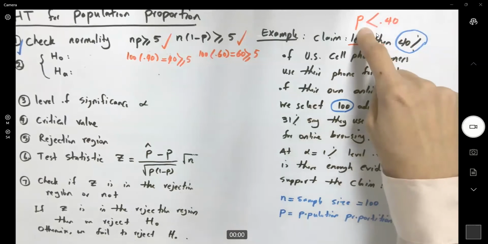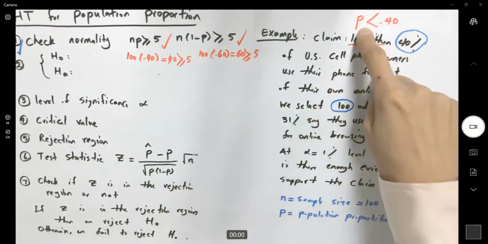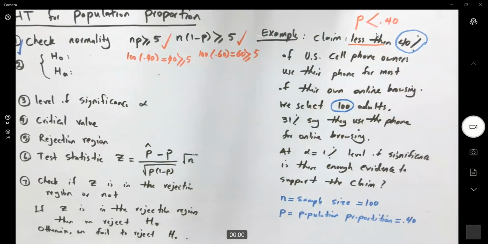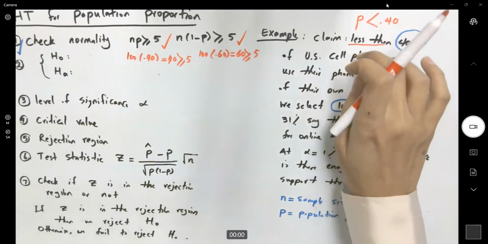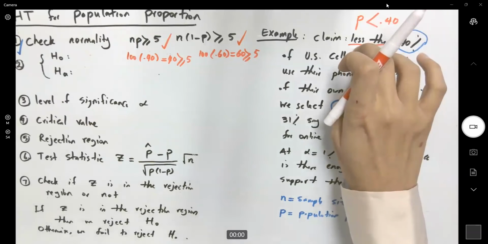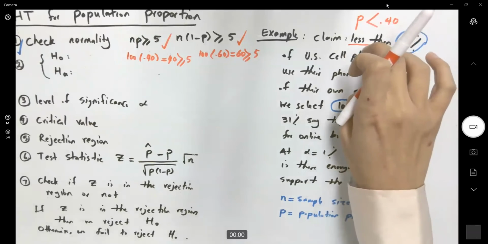Is this the null hypothesis or the alternative hypothesis? The question says P is less than 40%. Remember that your alternative hypothesis has no equality.